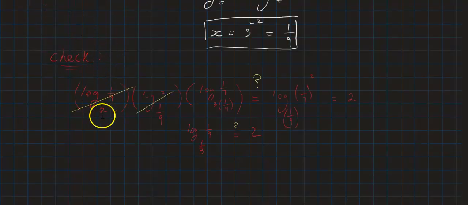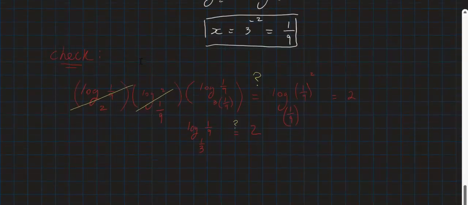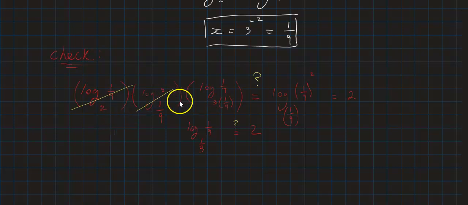So now we have, for the checking of the answer, log of 1 over 9 base 2 and so forth and so on for the log expression on the left hand side of this equation, and we want to know if that is equal to the right hand side of the equation. And notice that I have plugged in the value of x, which is 1 over 9, every time I see x in the expression.